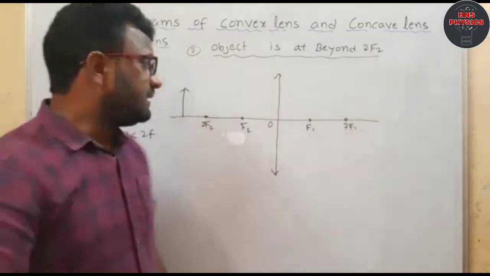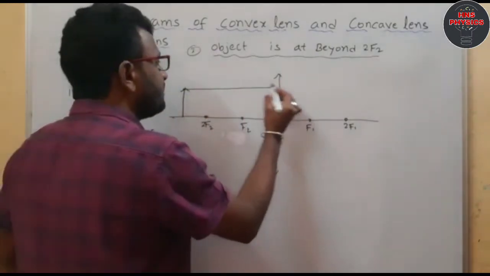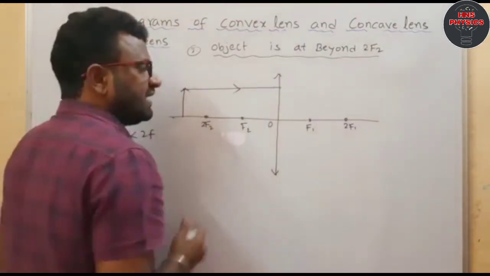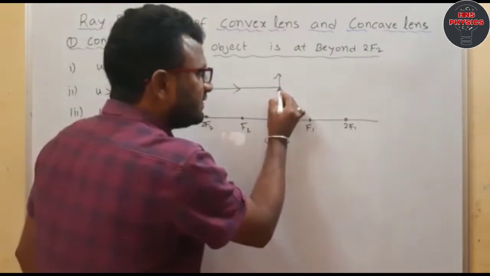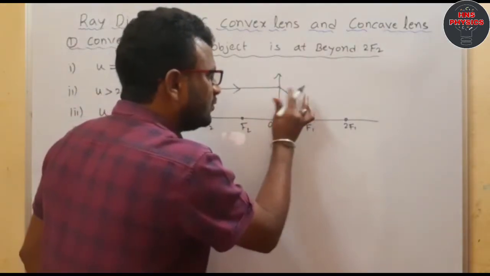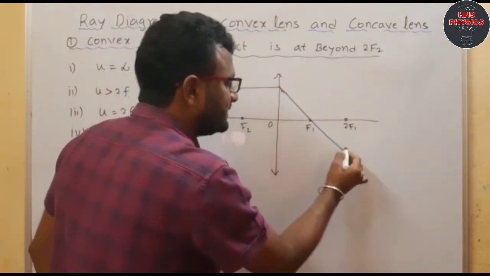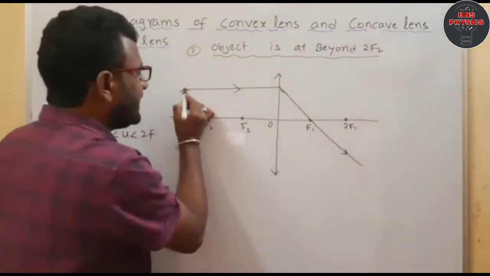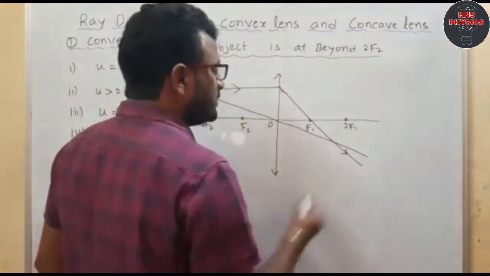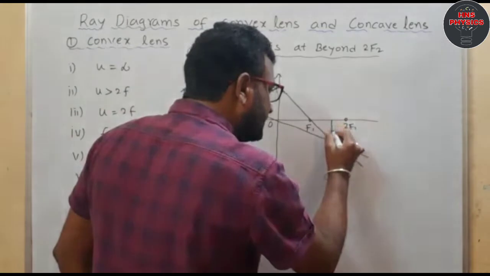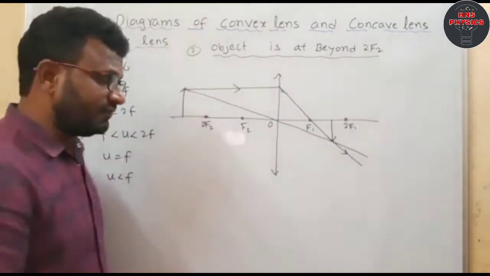Double focus, right? So I am taking one ray. One ray is passing parallel to the principal axis. After the refraction, according to the first rule, the refracted ray passes through the principal focus, like this. One more ray is passing through the optic center. So here the image is formed between f1 and 2f1.